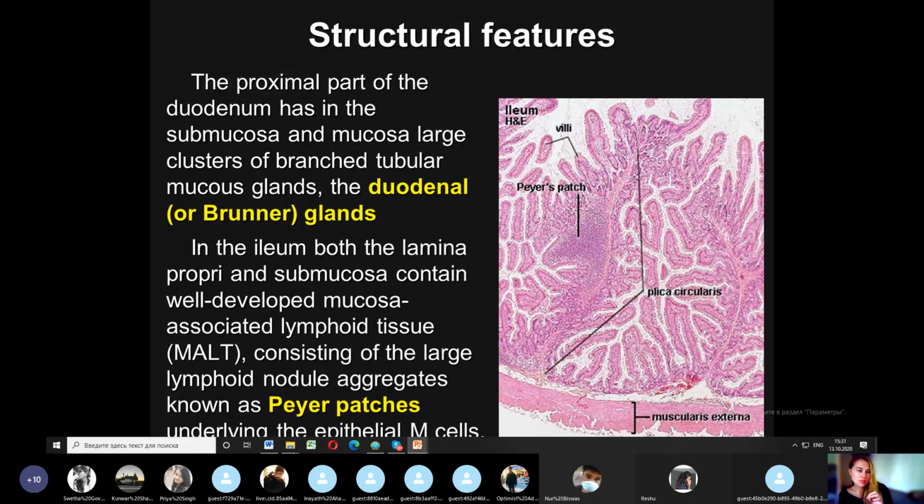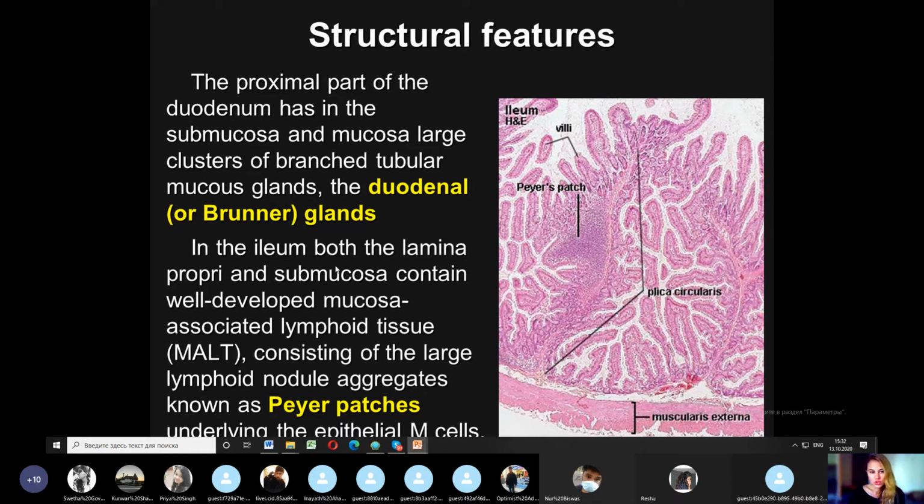However, in the jejunum, the villi are taller and thinner. Second difference is that in the duodenum we can find so-called duodenal or Brunner glands in the submucosa and mucosa. These duodenal or Brunner glands also produce enzymes for the additional digestion on the surface of the villi and crypts.